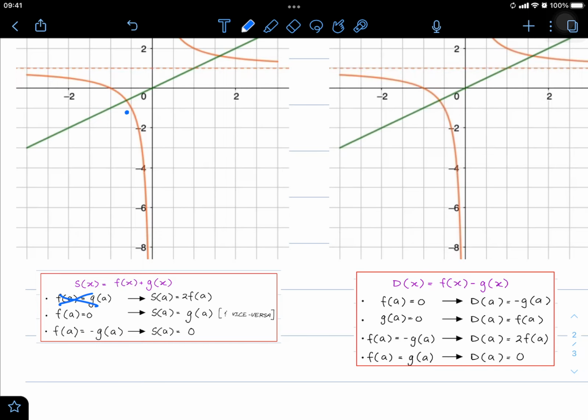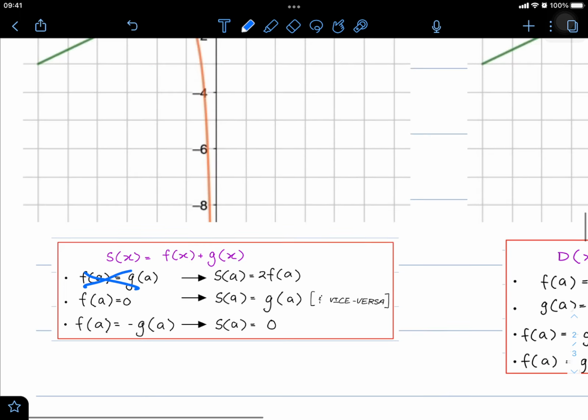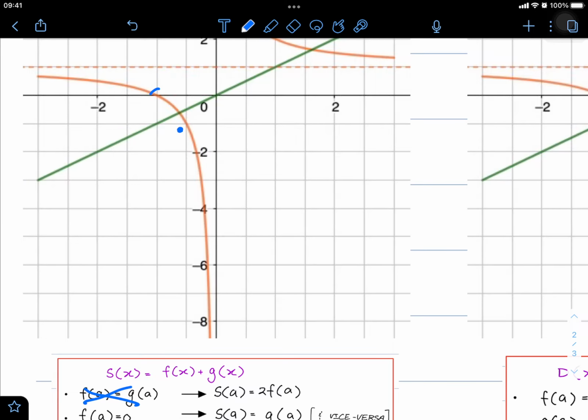Let's find points where f is 0 or g is 0. So points where f is 0, I can see one here. And now 0 plus whatever g is, 0 plus anything, is that anything. So 0 plus g is just going to be g. There are no intercepts here, no next x-intercept, sorry.